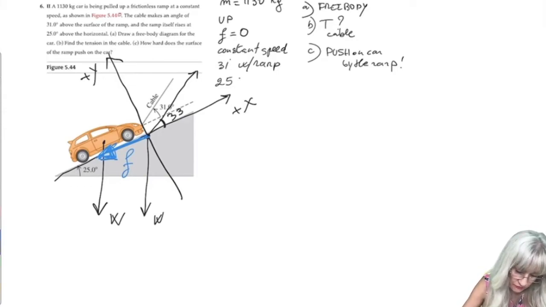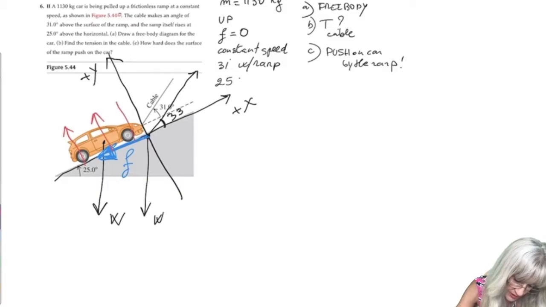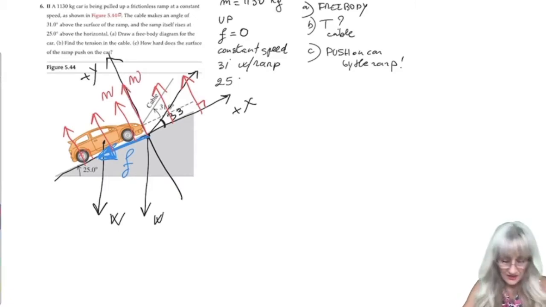The last force is that the surface of the ramp, again an artistic rendition here, pushes up perpendicularly, 90 degrees. So this is the normal force, which I'm going to put on the y-axis. All right, so let's clean it up.